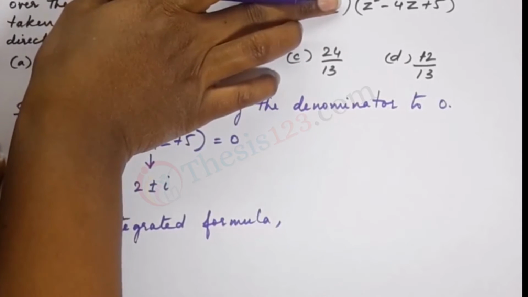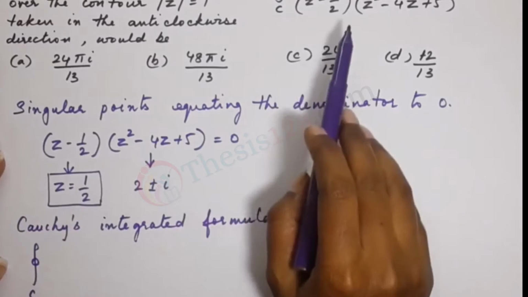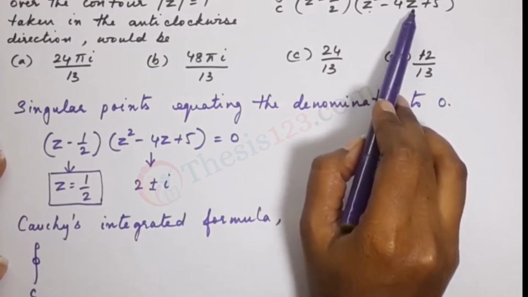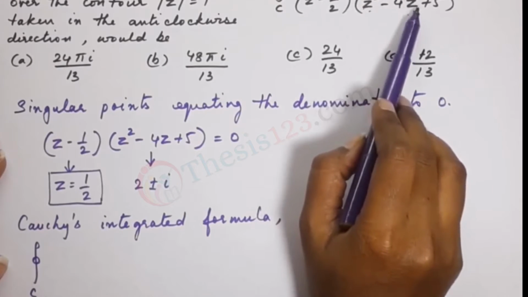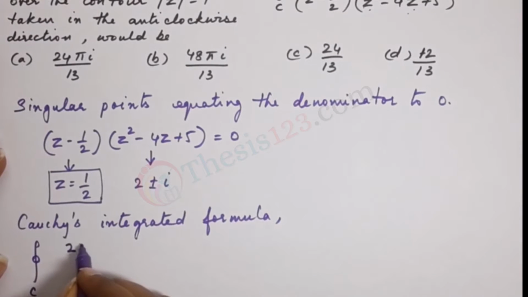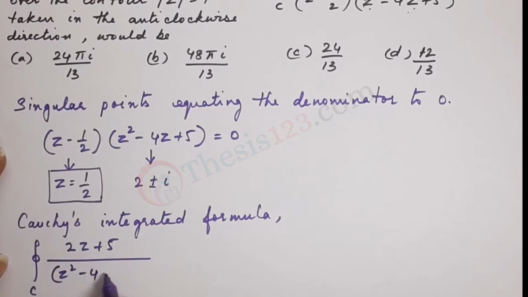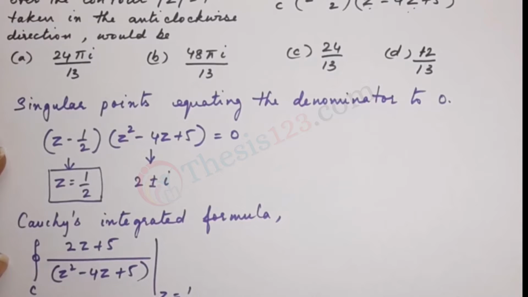So we leave this factor out and we substitute z is equal to 1 by 2 into the other variables that are there, other than this factor here. So that would be 2z plus 5 divided by z square minus 4z plus 5 at z is equal to 1 by 2.